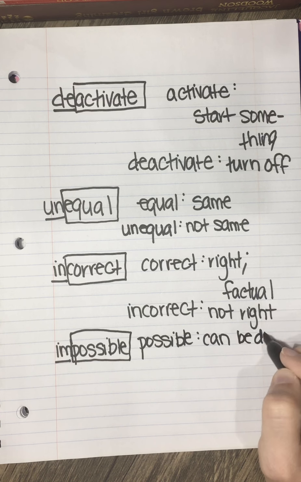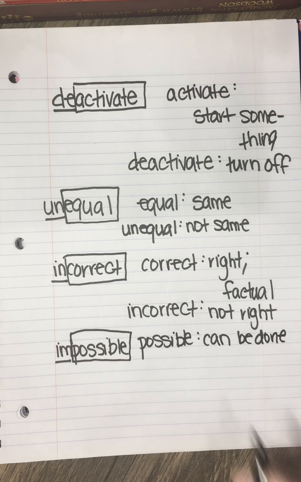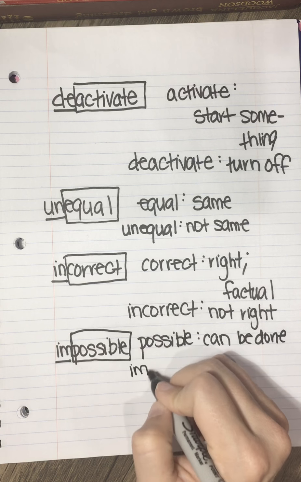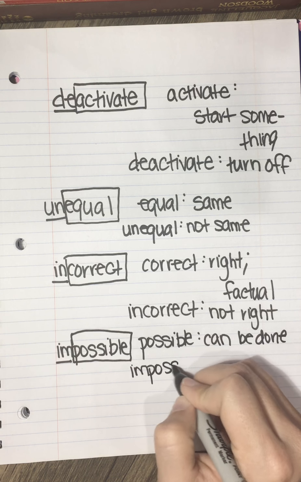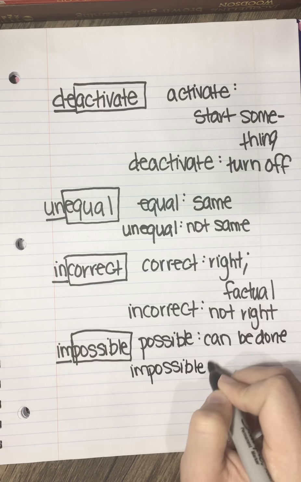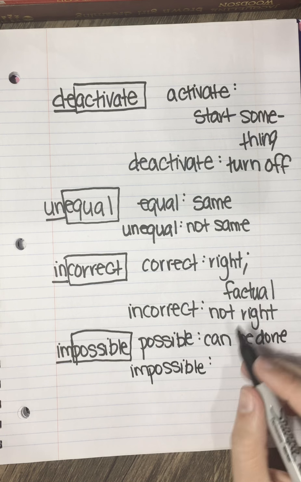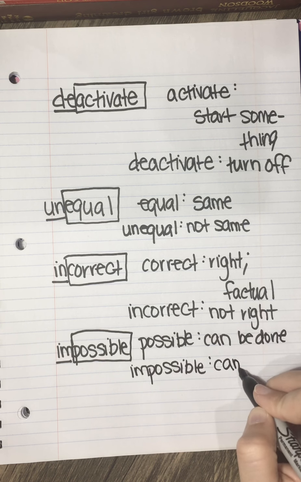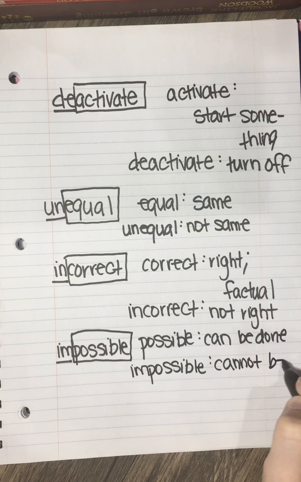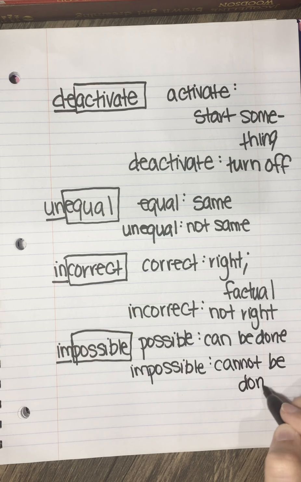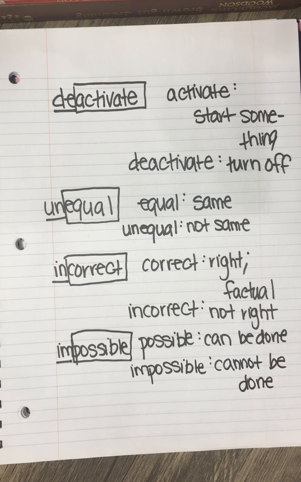So it is possible for airplanes to fly, but if it is impossible, that is the opposite. That means it cannot be done. So we could say it is impossible for an elephant to fly. That's not possible. It cannot be done for it to fly by itself.